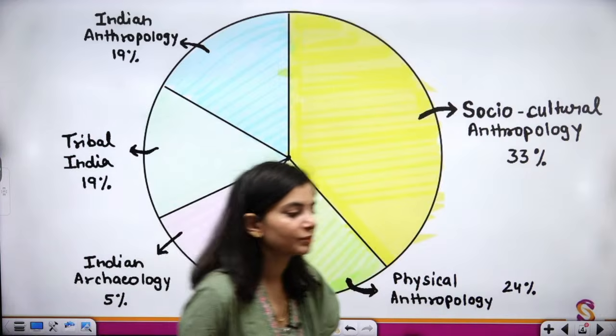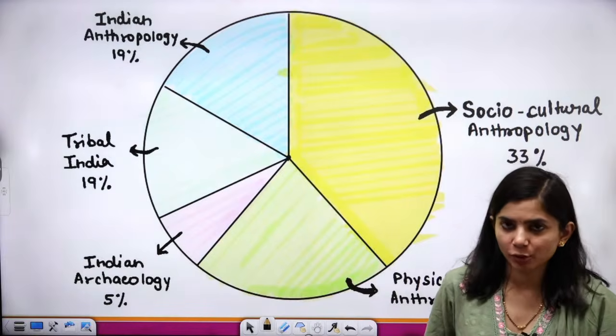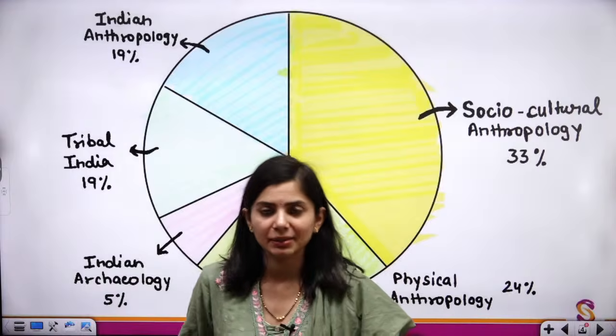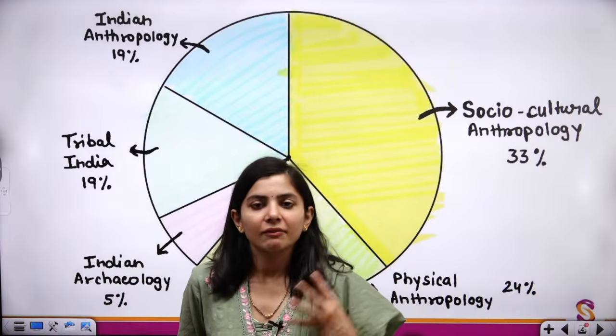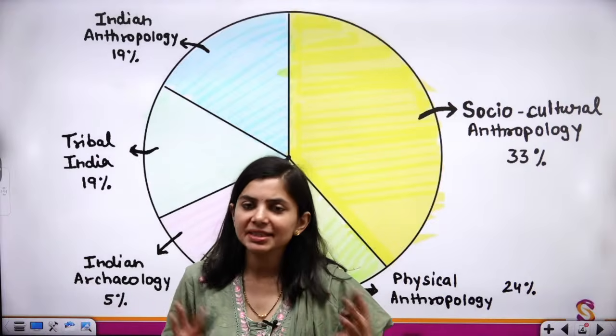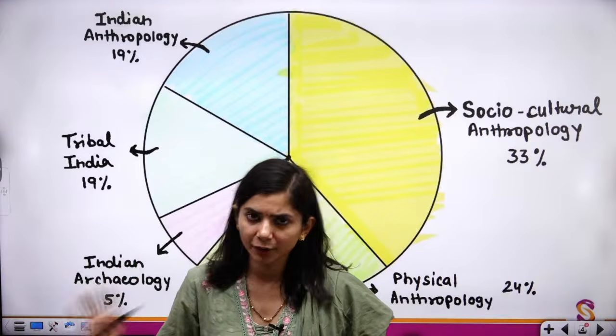Fine. Okay. So first let me provide you a basic composition of anthropology. You know very well that the syllabus is divided into two parts: anthro paper 1 and anthro paper 2. The UPSC asks 250 marks each, 250 for paper 1 and 250 for paper 2.